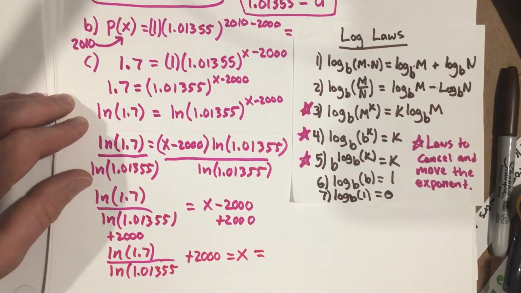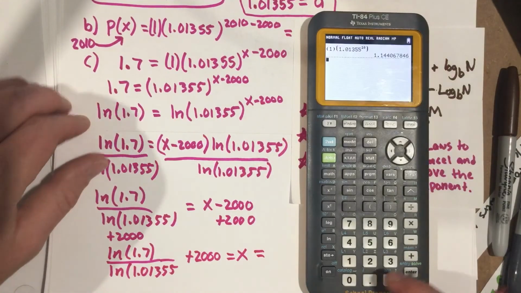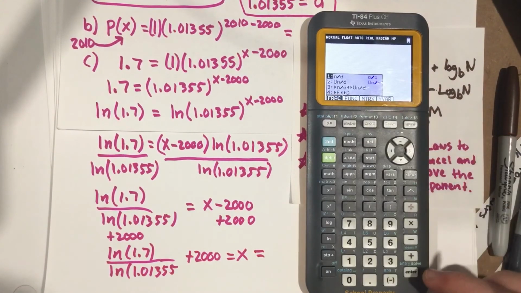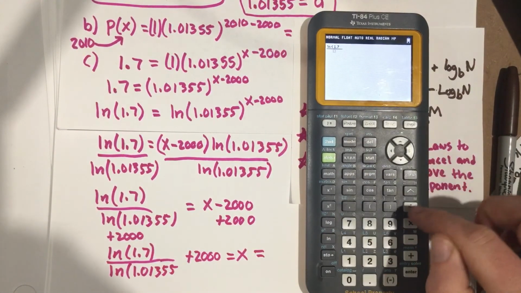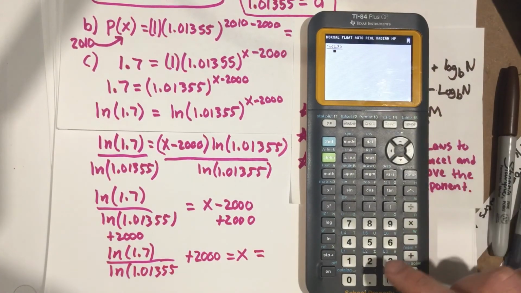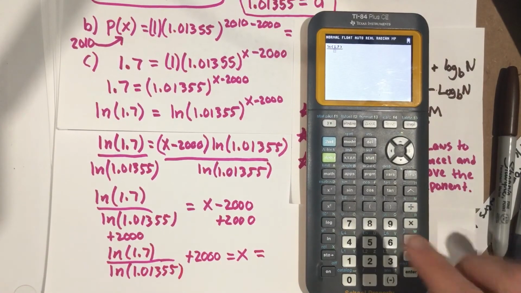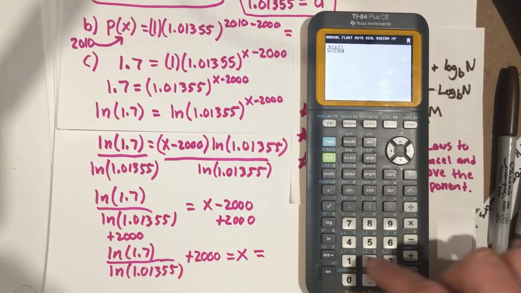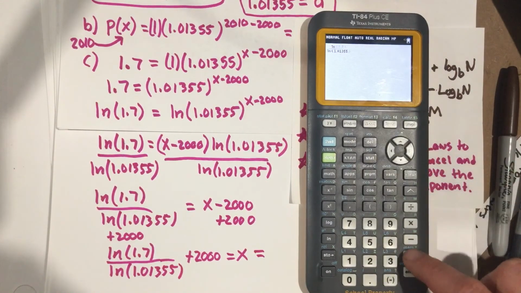So we'll plug that in the calculator. Start with a fraction bar. We're going to do natural log 1.7 over natural log, forgot to put a parenthesis here, 1.01355, plus 2000.